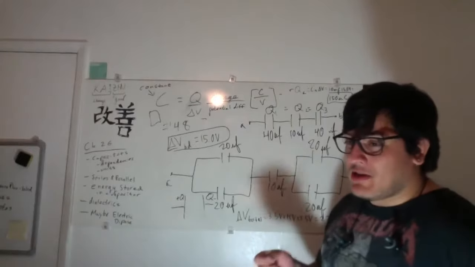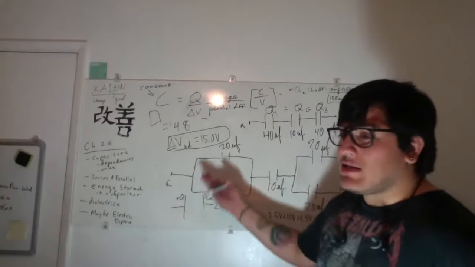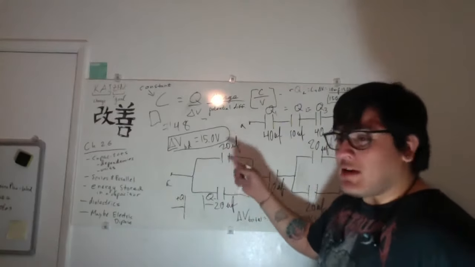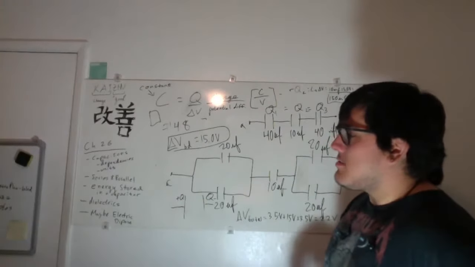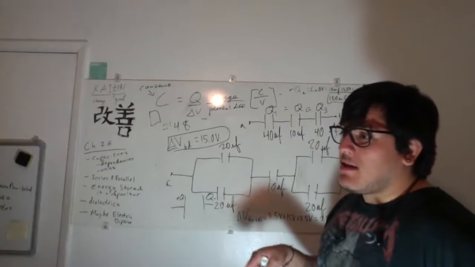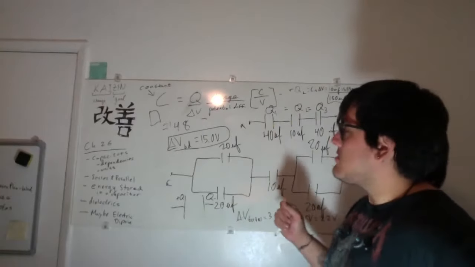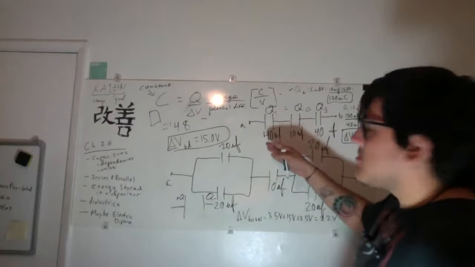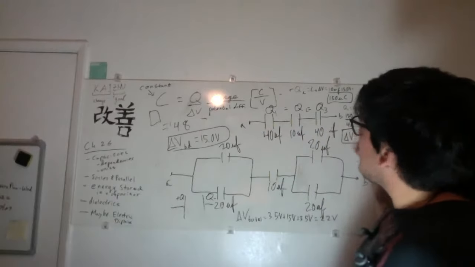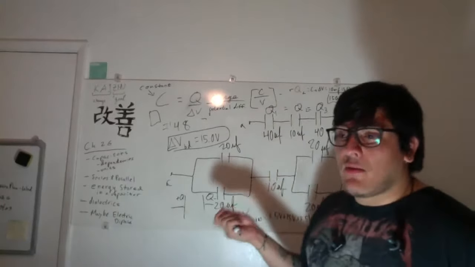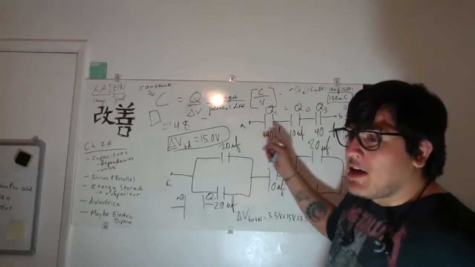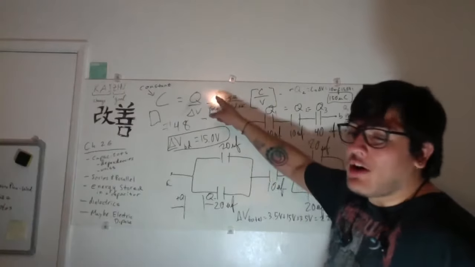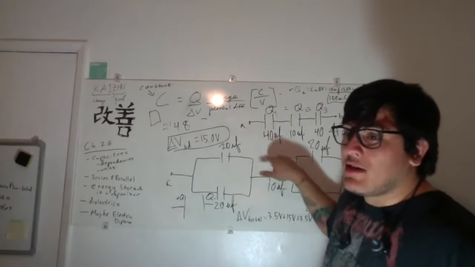So if they say to us that the breakdown voltage is 15 volts, then we have to understand that 15 volts is applied across each of these capacitors in a different way, because some of these capacitors can hold more charge per potential than others.